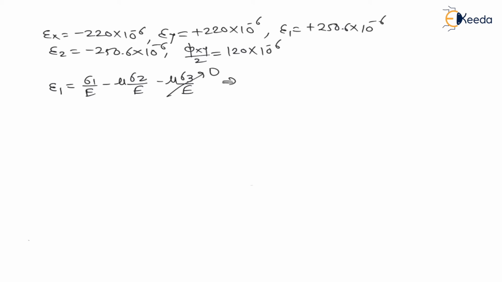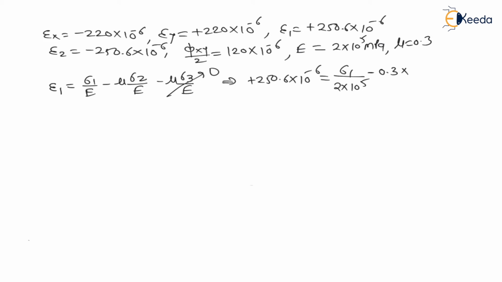From this, E1, which is plus 250.6 into 10 to the power minus 6, is equal to sigma 1 by E minus mu sigma 2 by E. Young's modulus was given in the question: E is 2 into 10 to the power 5 MPa, Newton per mm square, and Poisson's ratio was given as 0.3.